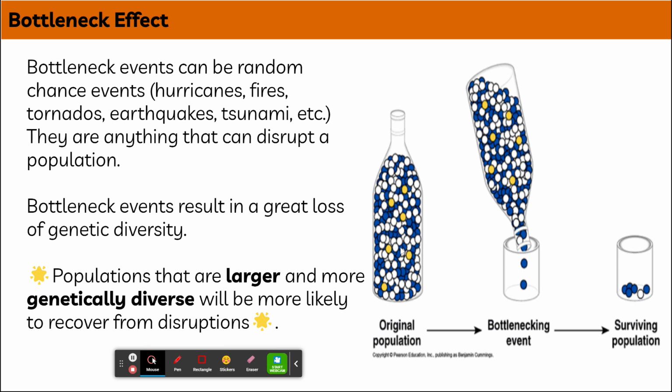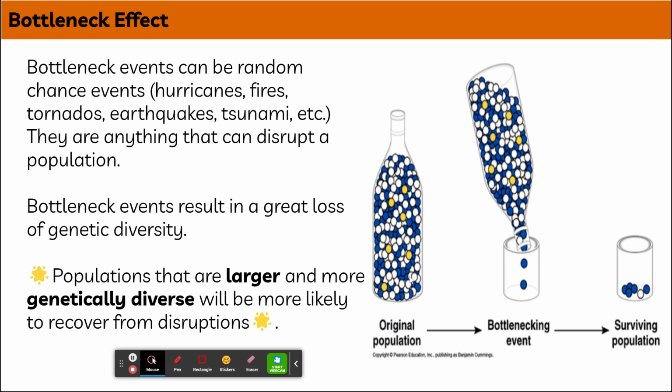So when you have some kind of disturbance that disrupts a population and significantly decreases the size of it, and it's not really selecting for adaptations, just random chance events, you're going to have the more common variation surviving at the end.